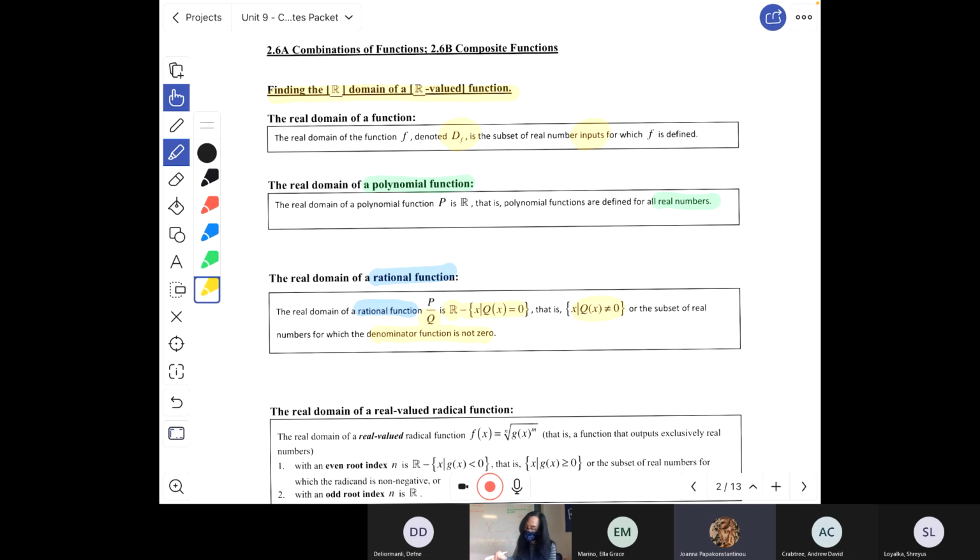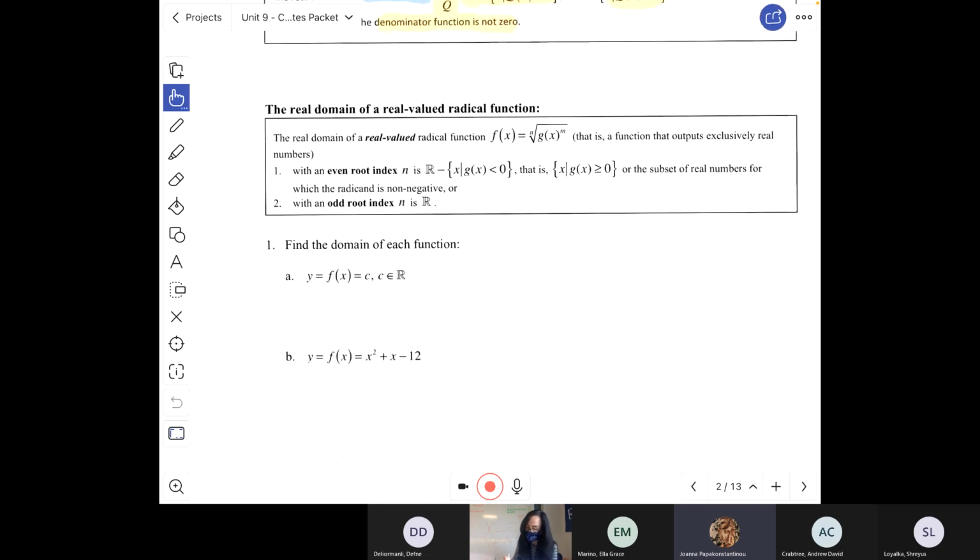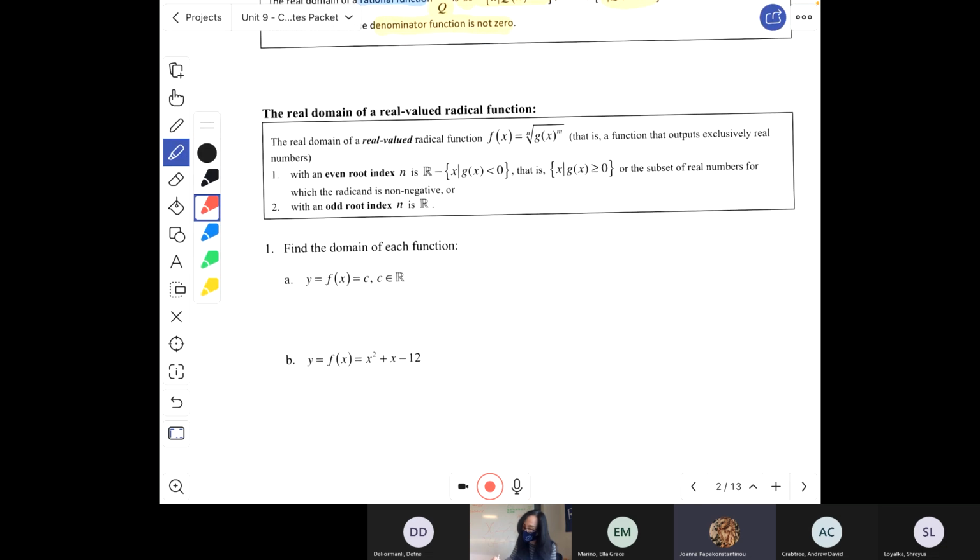Why? Because now we're going to get to real valued radical functions. And if you remember back to real valued radical functions, this is our radical function, right? I see a square root symbol. I see a radical symbol. But what do we have to pay very close attention to? We have to pay close attention to that root index.